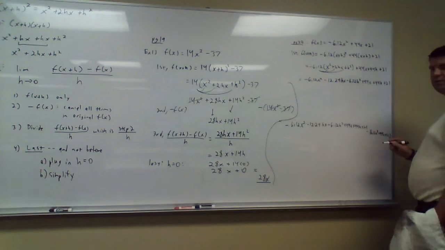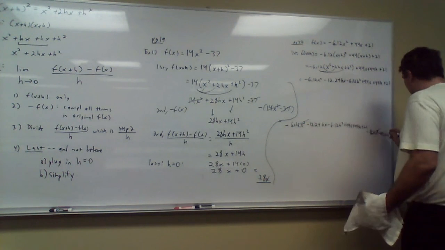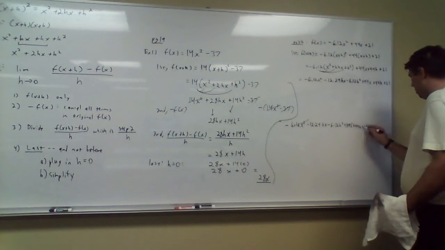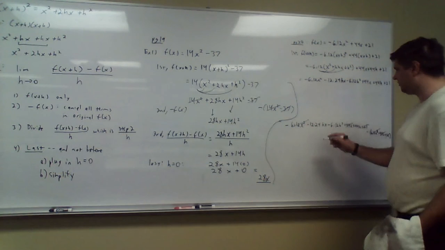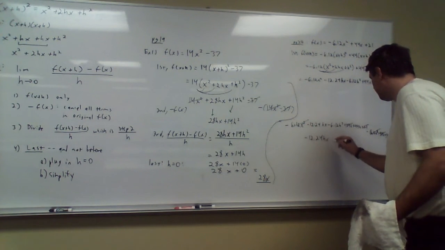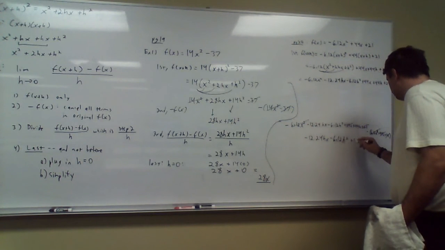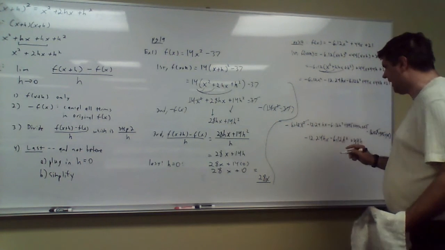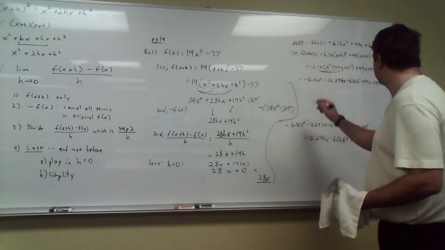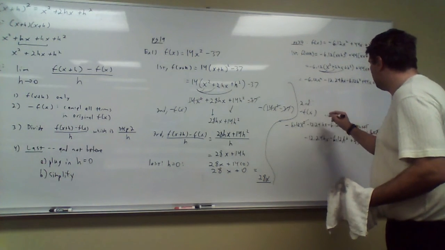All right, so these are going to cancel against their counterparts. Okay, all three of them. There should be no exceptions. The only surviving terms should have h's in them. Okay, so that's all right.